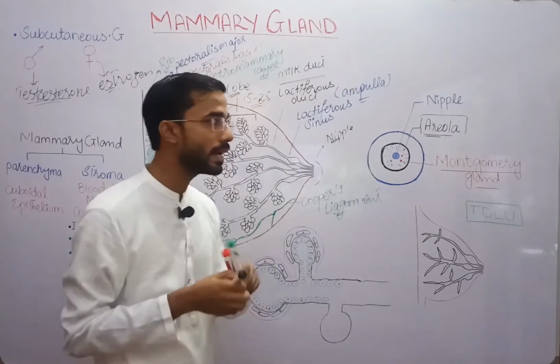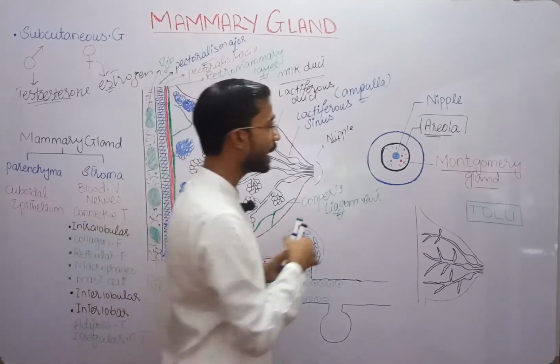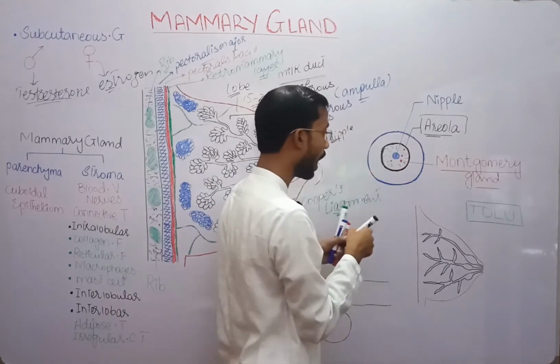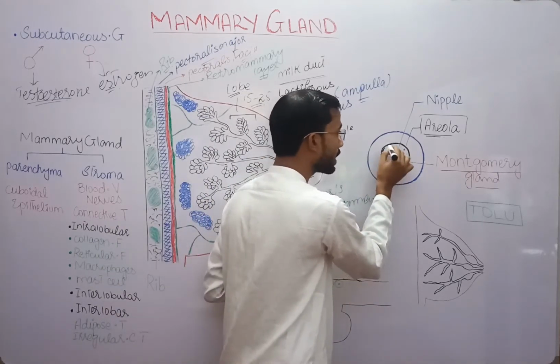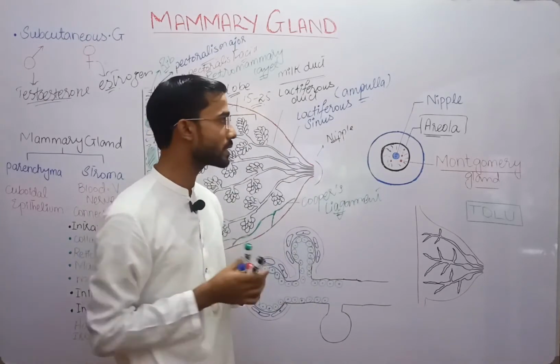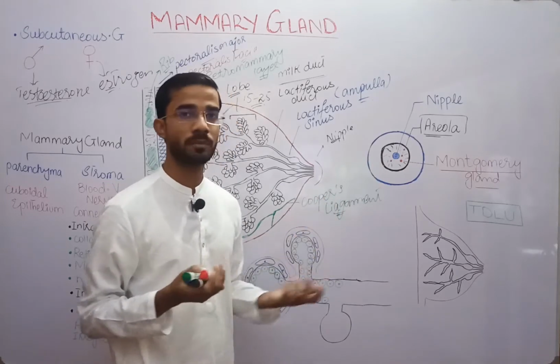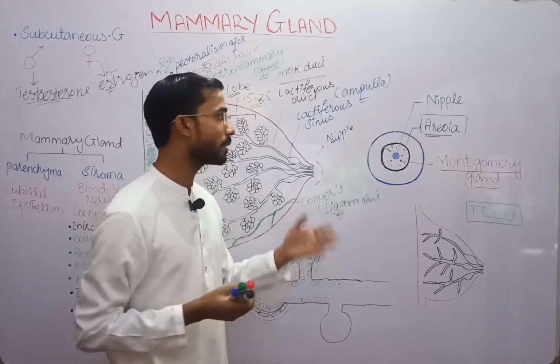Nipple and areola are highly pigmented, right? Over the areola there are several coarse, rough hairs. It is not always present in all females, but the majority have hairs over the areola.